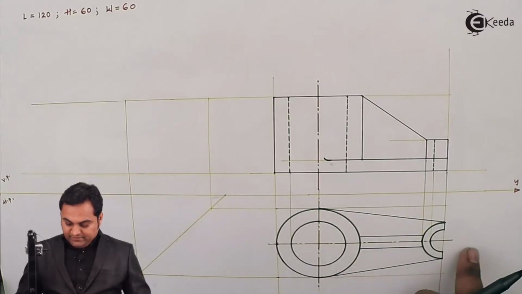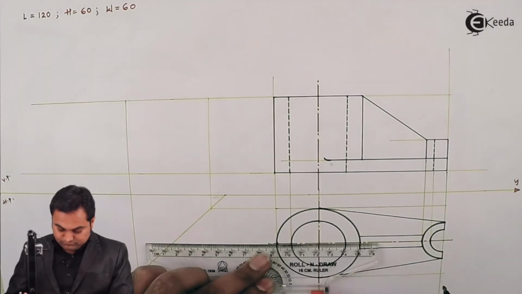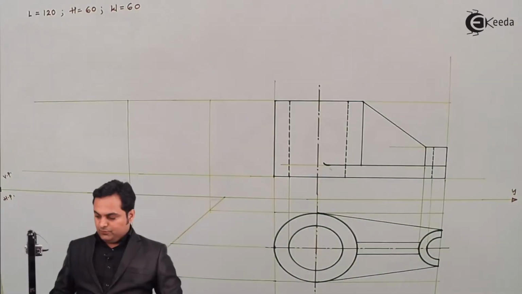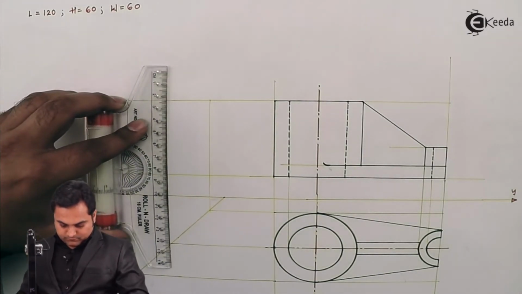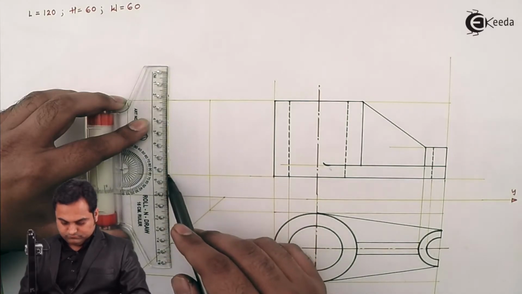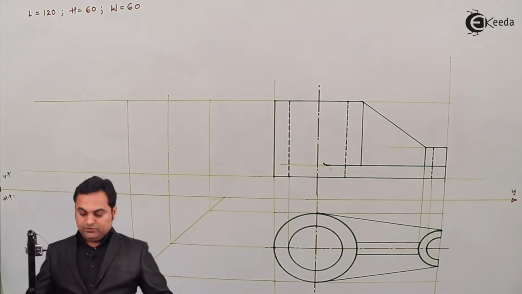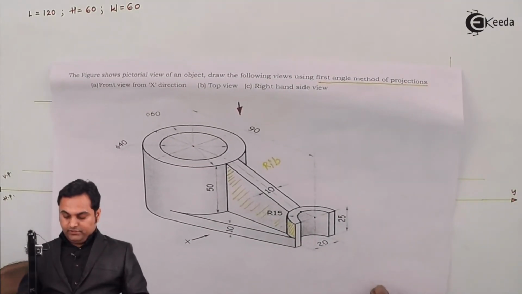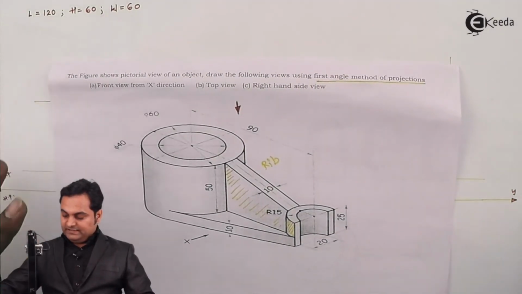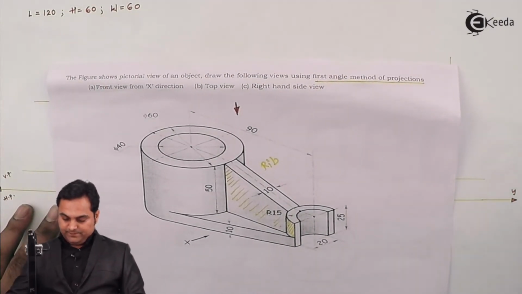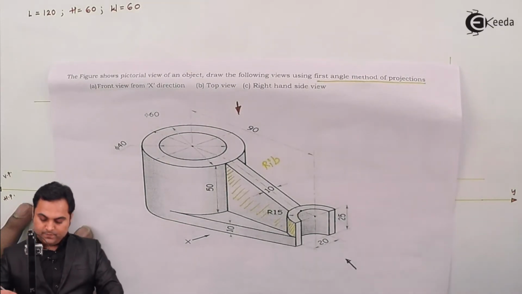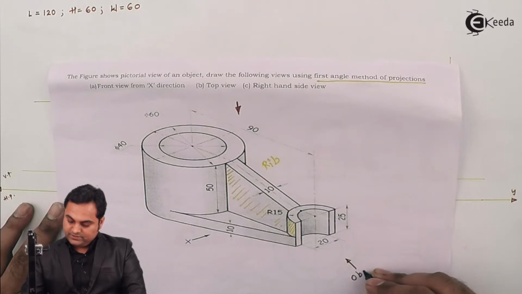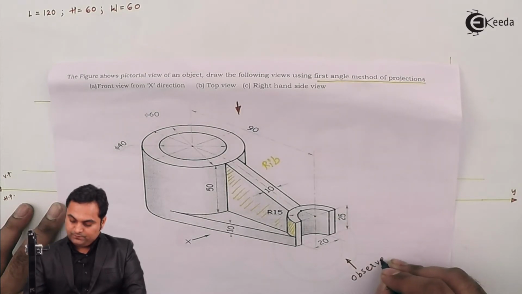Next, here I'll even project the center line. So projecting the center line upwards. This is the center of the object. Now, when we are looking at the object from the right hand side, the direction will be from here. I can say that we are the observer.